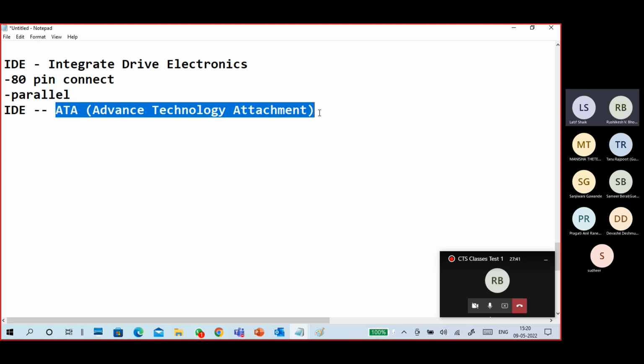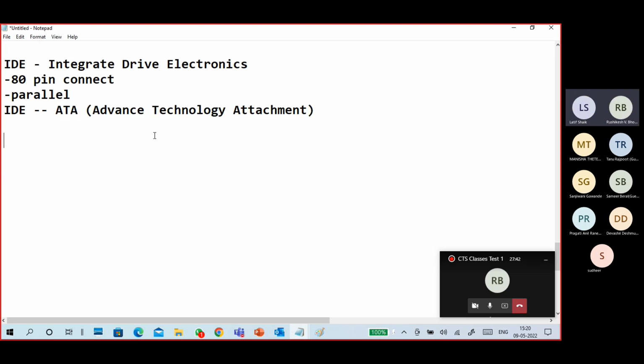Advanced Technology Attachment, IDE to Advanced Technology Attachment. Now, PATA and SATA, two technologies came from ATA.